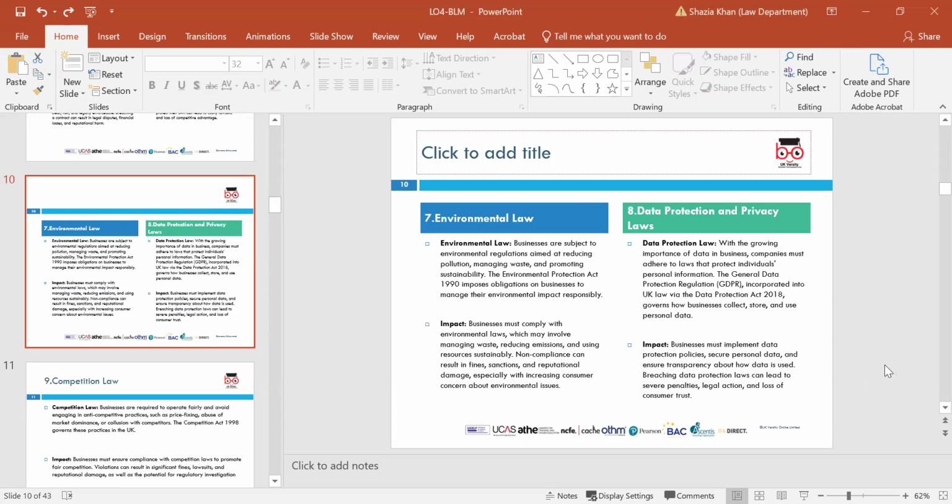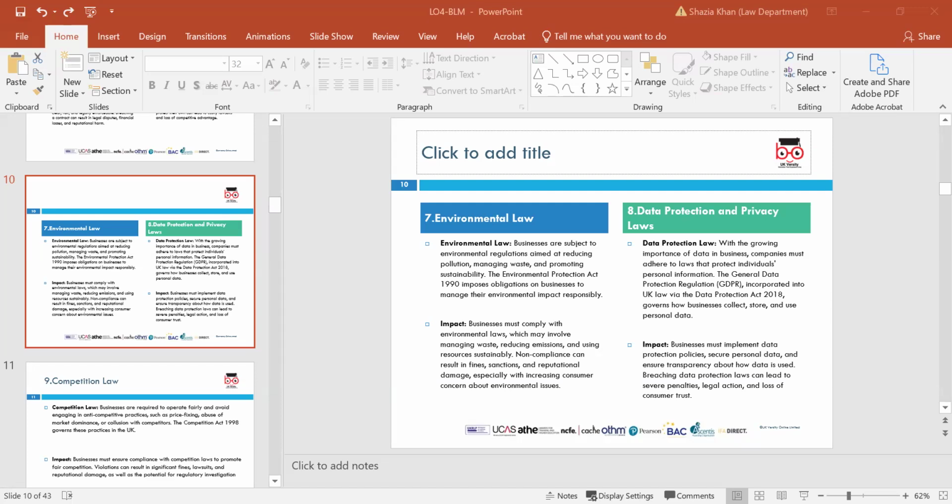The next one is environmental laws and why they are so important in reference to businesses. So businesses must ensure they follow environmental laws to comply with any sort of regulations in place in regards to accountability for environmental impact.